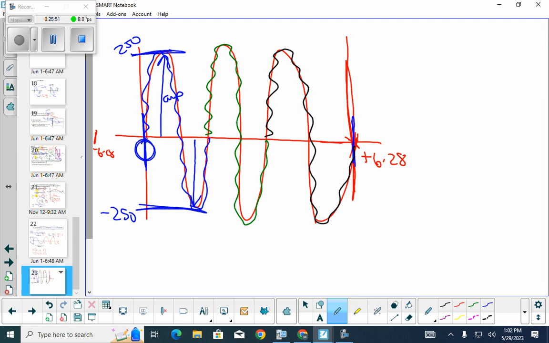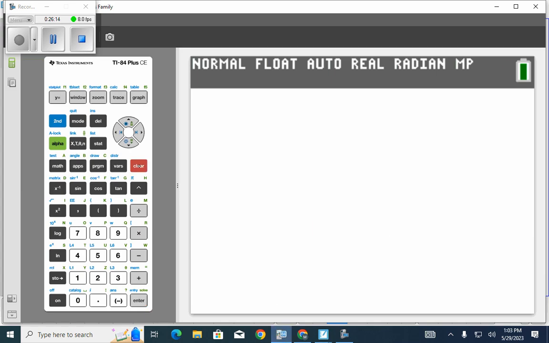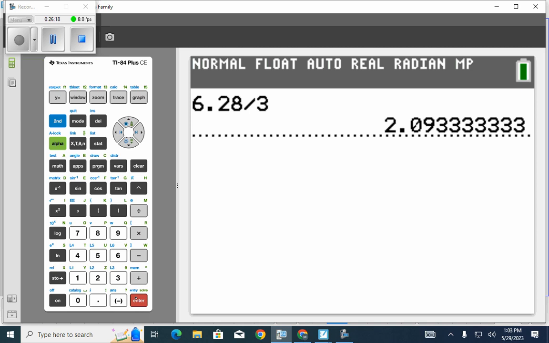So that means to find the length of 1 cycle, you're going to go 6.28 and divide it by 3, right? Because there's 3 cycles from 0 to 6.28. So that's 2.09.